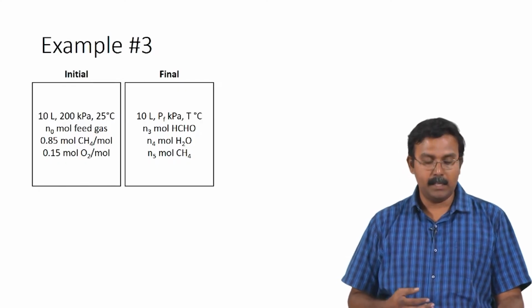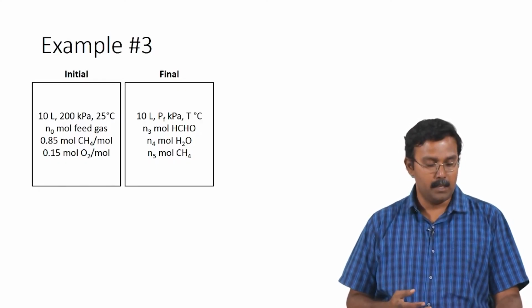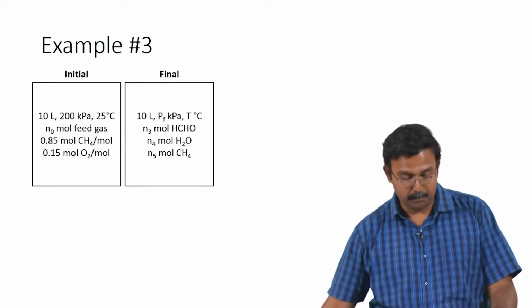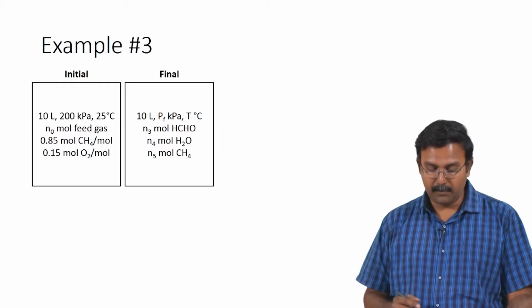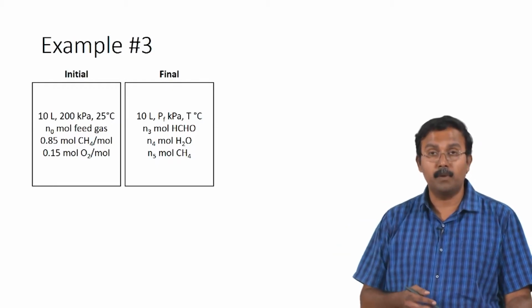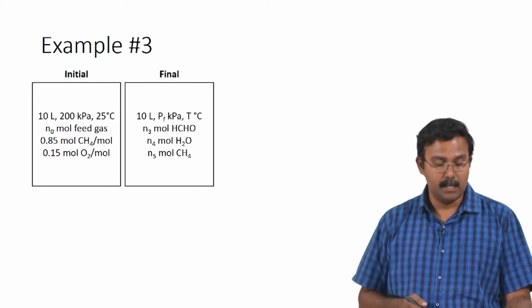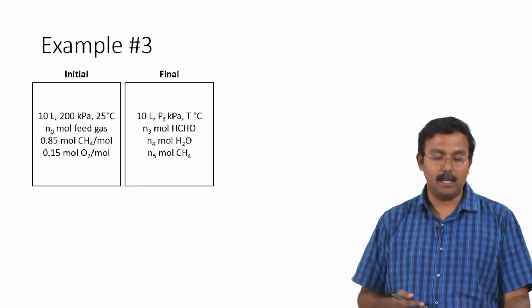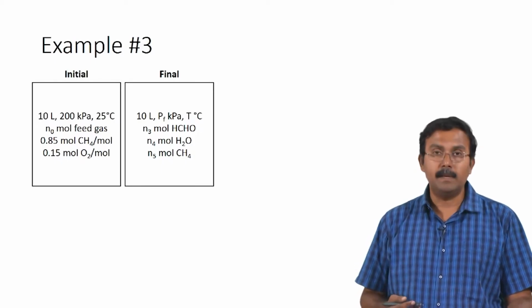Now, let us see how we can perform the calculations to identify the amount of heat that can be supplied to the system. First we need to identify the basis. Here we do not know the number of moles in the initial and final conditions, and we need to identify them using material balances. For that we need a basis. So, what would be the basis?